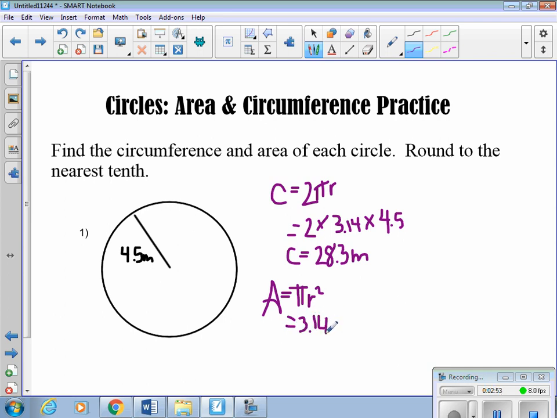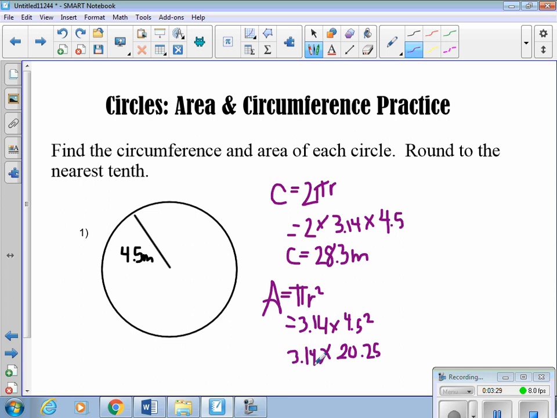3.14 times 4.5 squared. First, I'm going to square 4.5, which you can either use the square button on your calculator, or you can do 4.5 times 4.5. And if you do that, you'll get 20.25. And we just have to multiply that by 3.14.